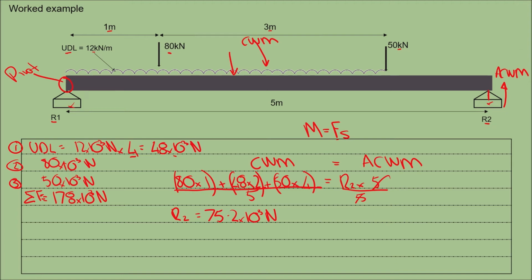So whatever's left. So to calculate R1, I'll pop that down there. R1 equals the total force acting on the system minus the support reaction at R2. So we can remember from our previous work there, we've got 178 times 10 to the 3 minus the support reaction at R2, which gives us 75.2.